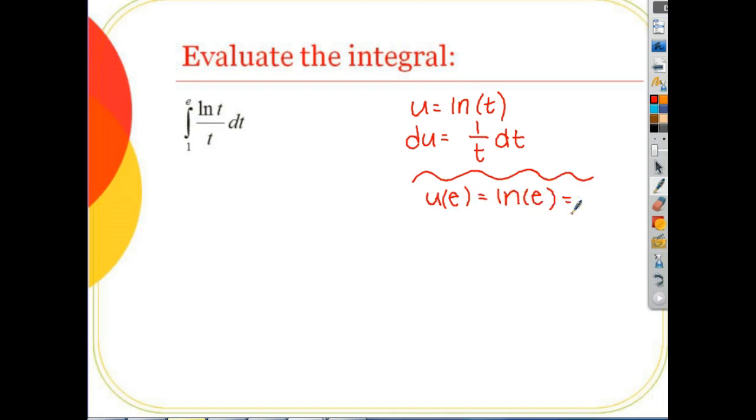Natural log of e becomes 1. The natural log of 1 becomes 0. So my new integral is from 0 to 1 of u du.